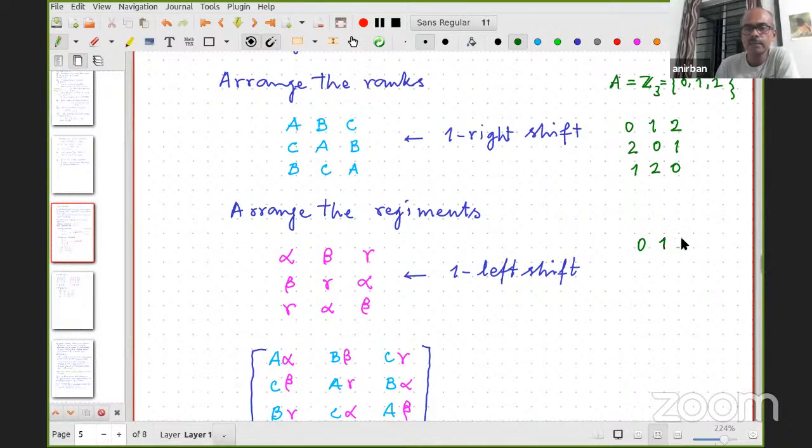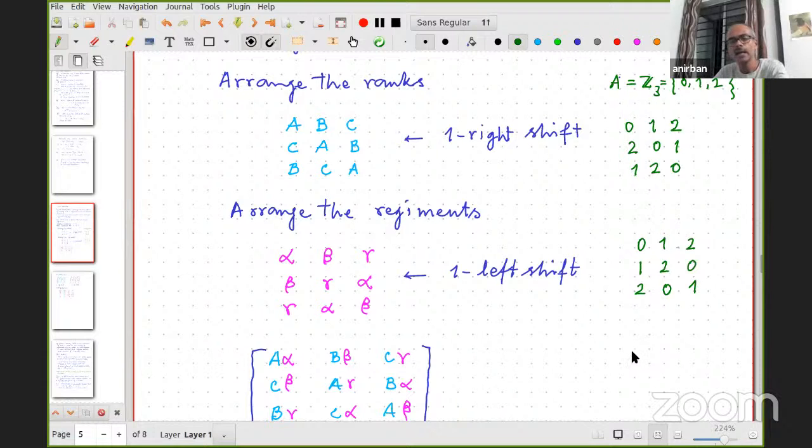Start with the same arrangement, and then make this one left shift, so this is 1, 2, 0, then 2, 0, 1.